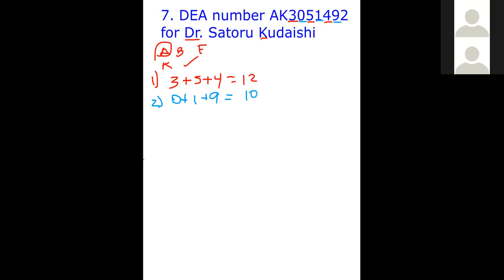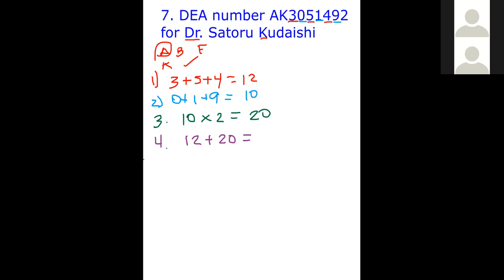Okay. Then the third step is to multiply step 2, which is 10, times 2. So 10 times 2 is equal to 20. Now, the next step, step 4, is to add step 1, which is 12, plus step 3, which is 20.